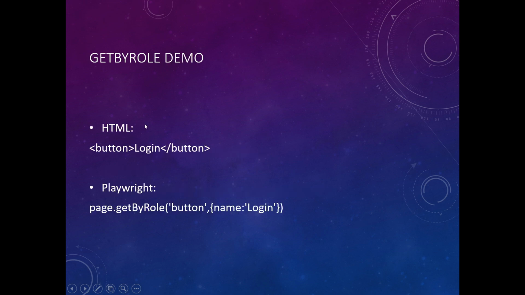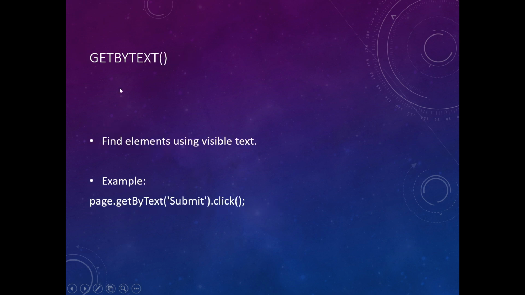Here button is the tag and login is the name of that button. So this is a button in the HTML, and in Playwright you can write the locator like this: getByRole, button, and name.